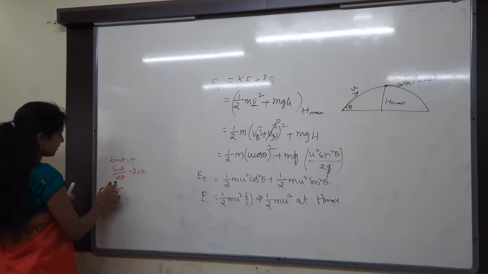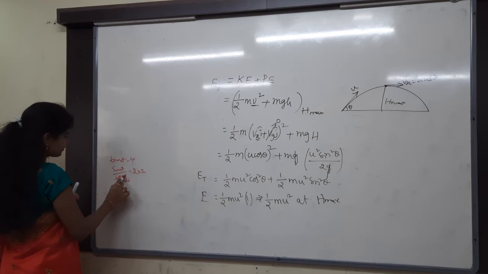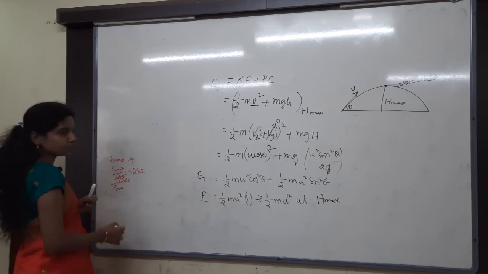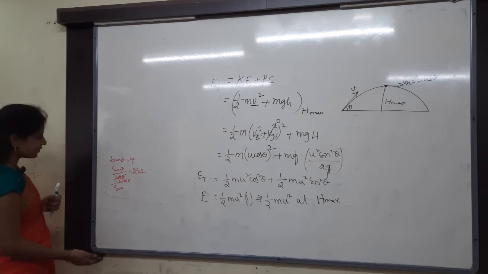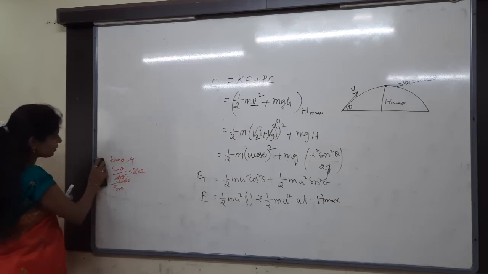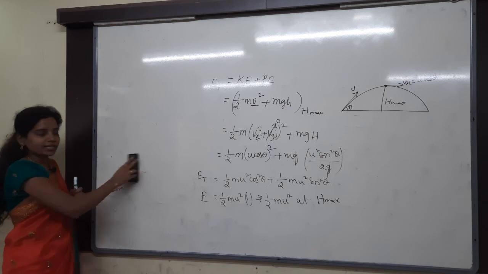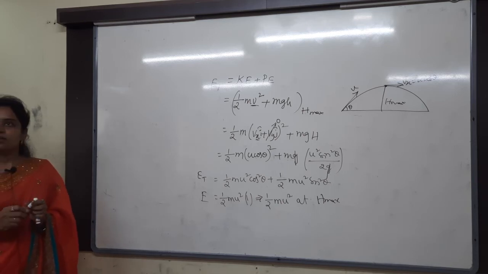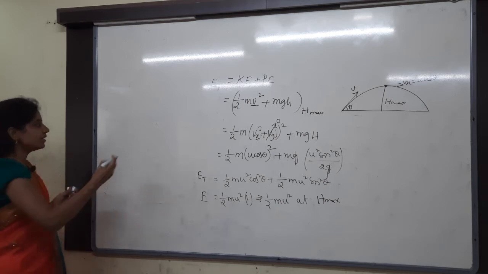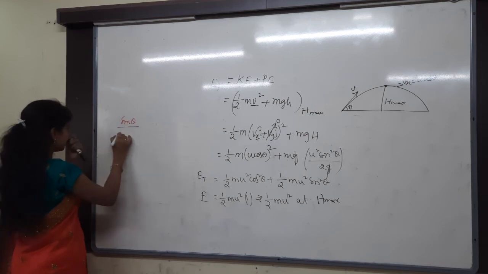Cos 60, yes, I can write. 1 by cos 60 means 2, this gets cancelled. Then theta is sin inverse of 2, no? Cos inverse of 2, how can you get? Tan inverse of 4 is the basic answer, otherwise you can get theta is equal to sin inverse of 2 also. Sin inverse of 2 will not come. Sin will not have a value more than 1. Yes, that's very good.